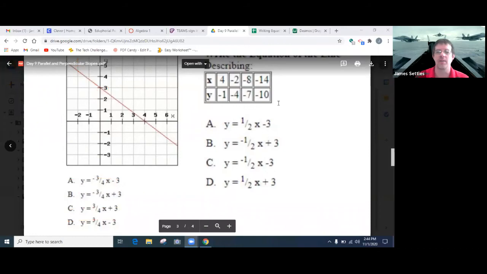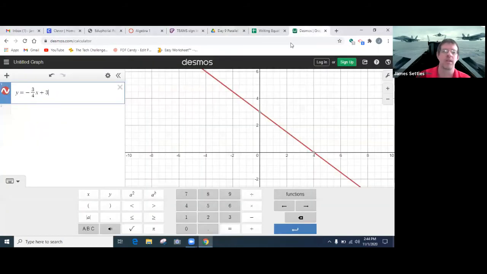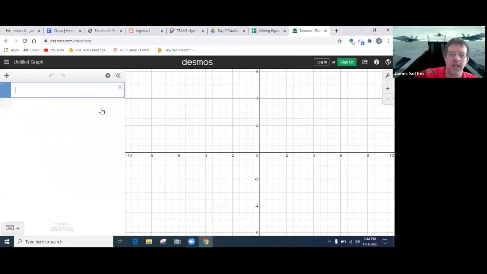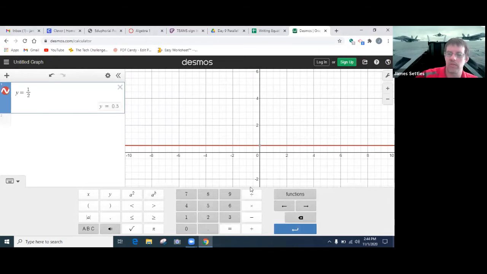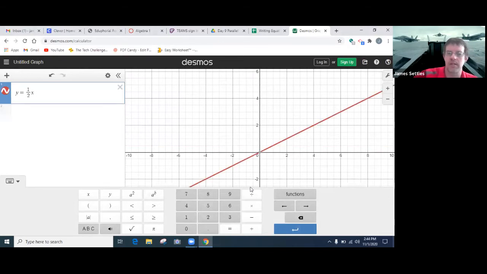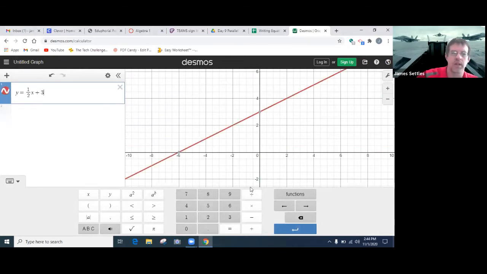So this is y equals 1/2 x minus 3. I'm going to reload. So y equals 1 over 2, make sure you arrow out, x plus 3.